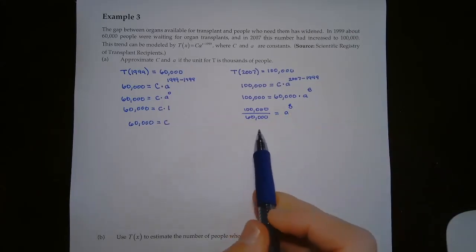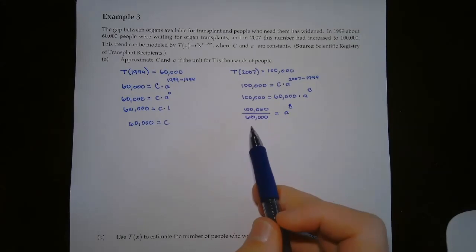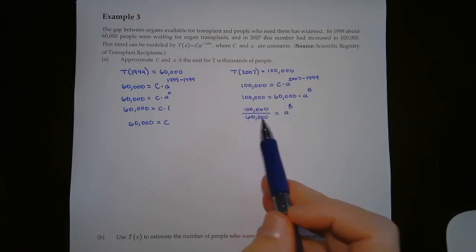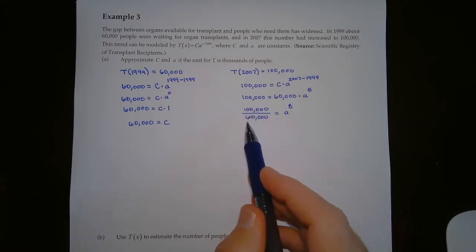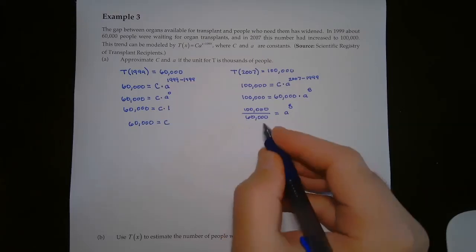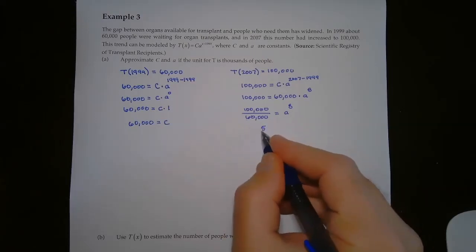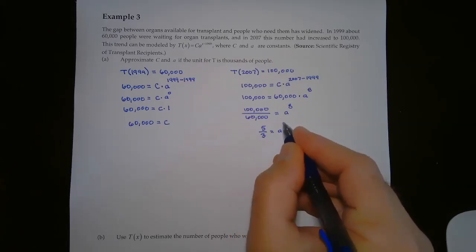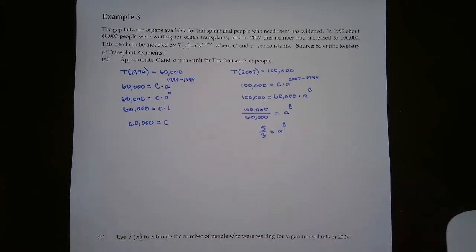We're going to reduce this, and all of these zeros could cancel, because they're all multiples of 10. So then this becomes 10 over 6 or 5/3 is equal to A to the 8th power.